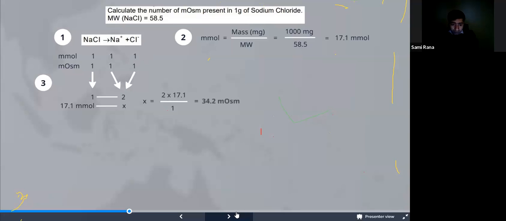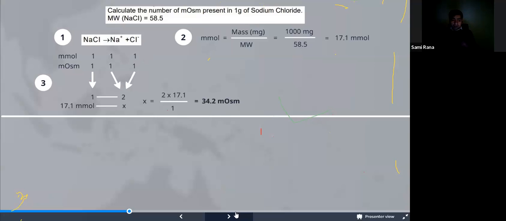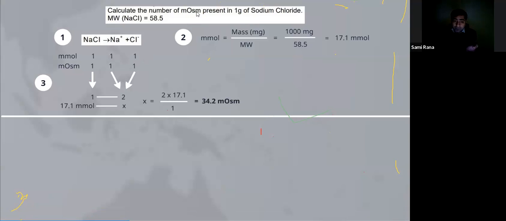If we solve it, this is going to give us 34.2 milliosmoles. So the steps are almost the same. You will see we are at the third example, but the steps are almost the same. So that's it. This is the required answer. They are asking about millimoles. They are not asking to convert back into grams. So the fourth step is missed here because we don't need it. So this is very simple.